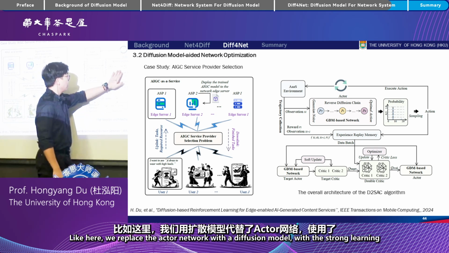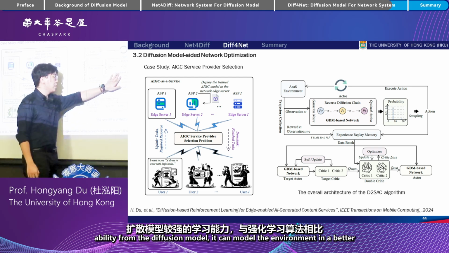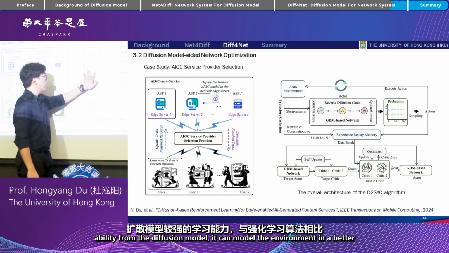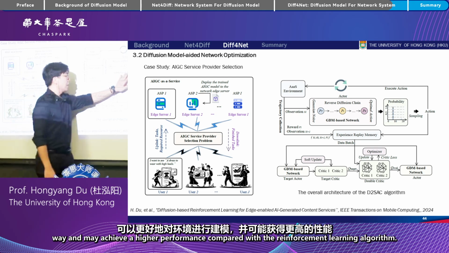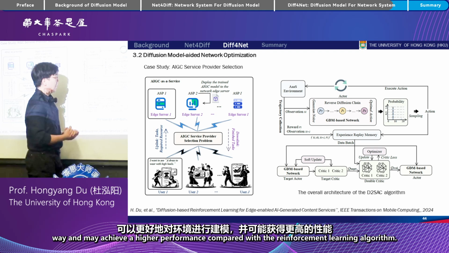Like here, we replace the actor network with a diffusion model. With the strong learning ability of the diffusion model, it can model the environment in a better way and may achieve a higher performance compared with the reinforcement learning algorithm.